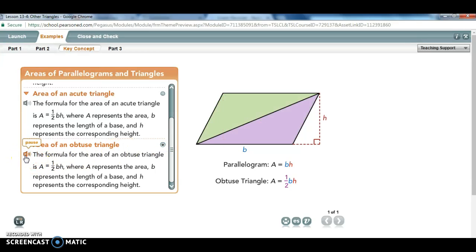The formula for the area of an obtuse triangle is A equals 1/2 B times H, where A represents the area, B represents the length of a base, and H represents the corresponding height.